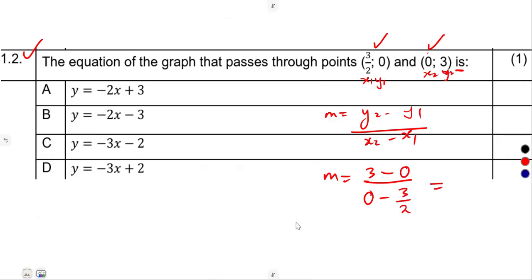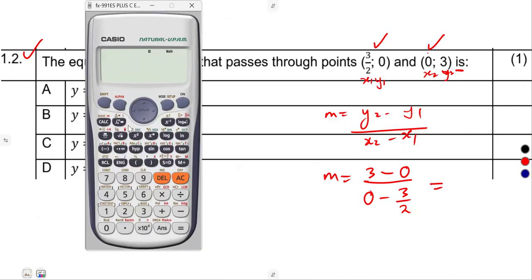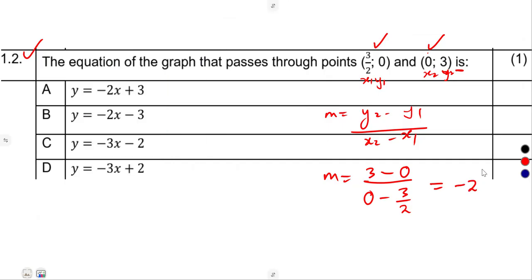So that was going to give us the gradient. You can even use your calculator. Put a fraction, 3 minus 0 over 0 minus 3 over 2. So that gives us negative 2. We have a gradient of negative 2. And of these points, we can see that the point (0, 3) represents the y-intercept.